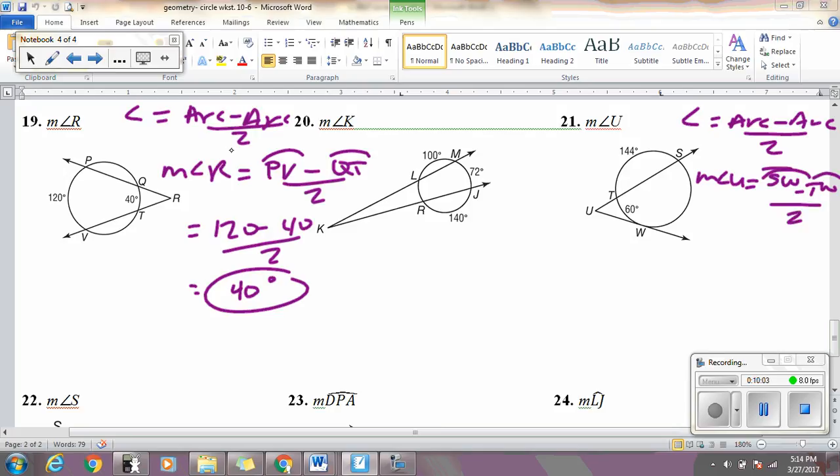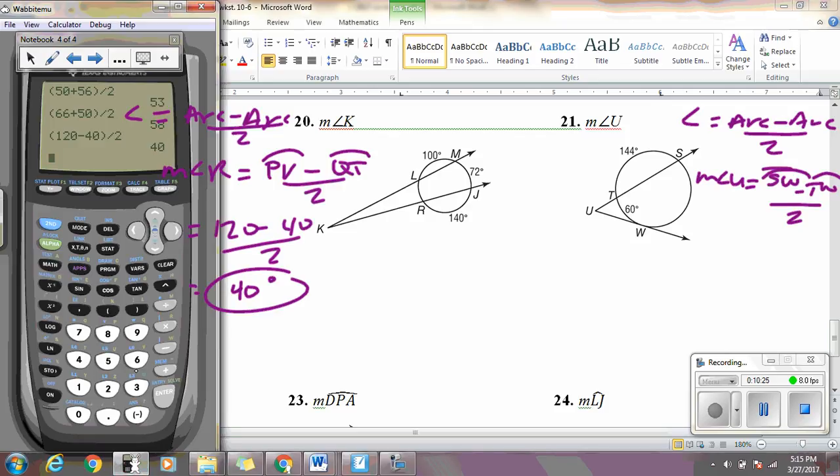Now, currently, I don't have SW, but I can find it because this circle is broken into three parts. S to T is one part, T to W is another part, and S to W is the third part. So I can take the two values that I have and subtract them from 360 to find the missing part.